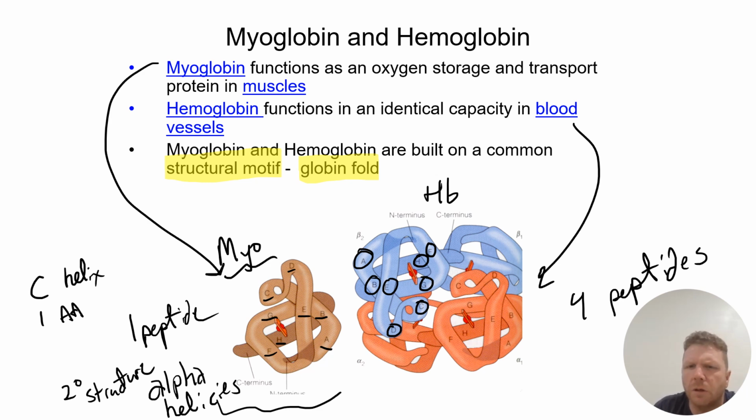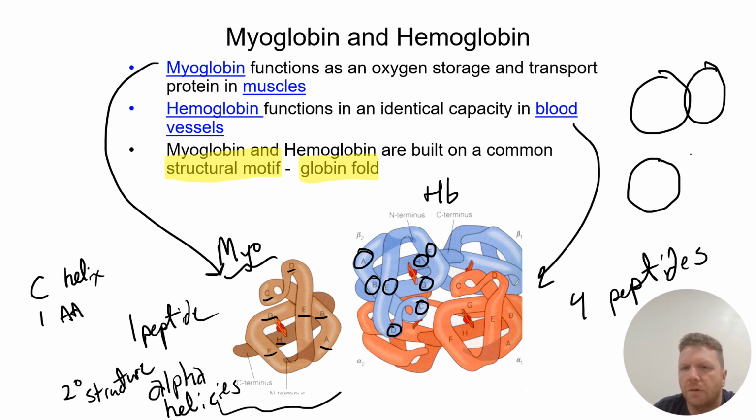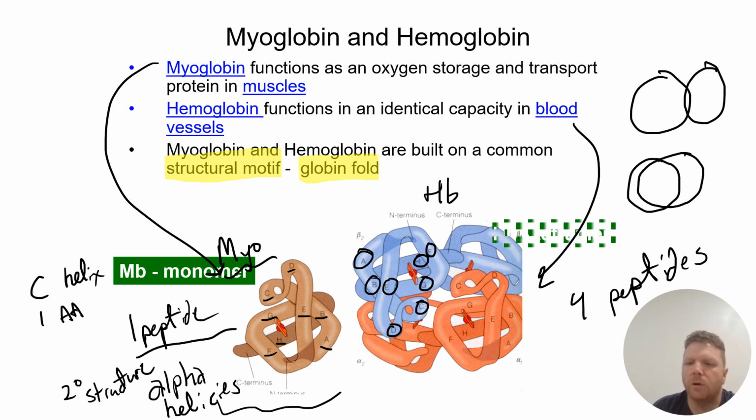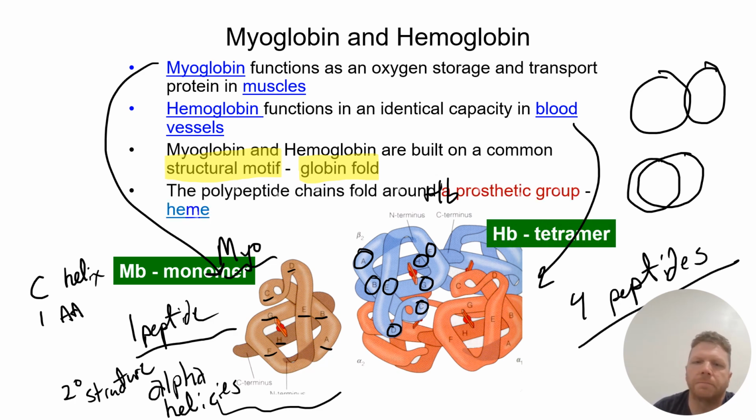It's almost like a Venn diagram, except here the structures really strongly overlap one another. Now, the big structural difference between them is that myoglobin, like I said, is one peptide, and hemoglobin is four peptides.